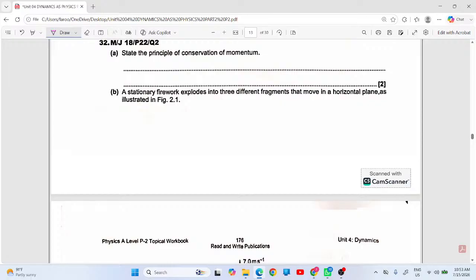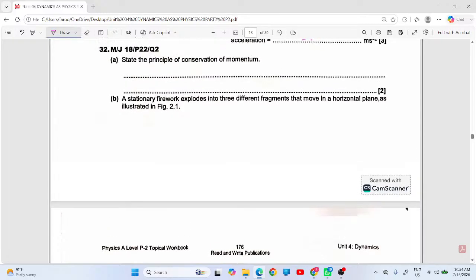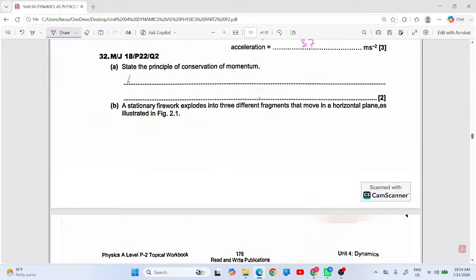In a closed system, with no external force acting on it, the sum of total momentum before interaction equals the sum of total momentum after interaction. We can write closed, or isolated system.